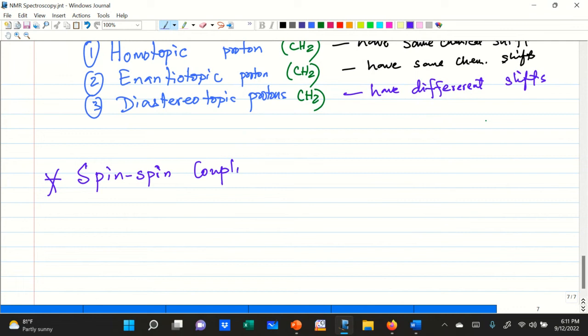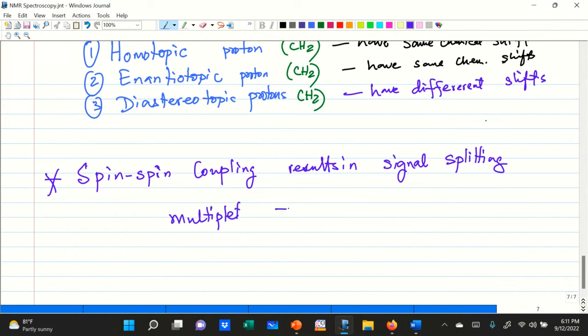So spin coupling results in signal splitting, and that produces what is called a multiplet. A multiplet will be given by a simple equation, n plus 1, where n corresponds to the number of neighboring protons.